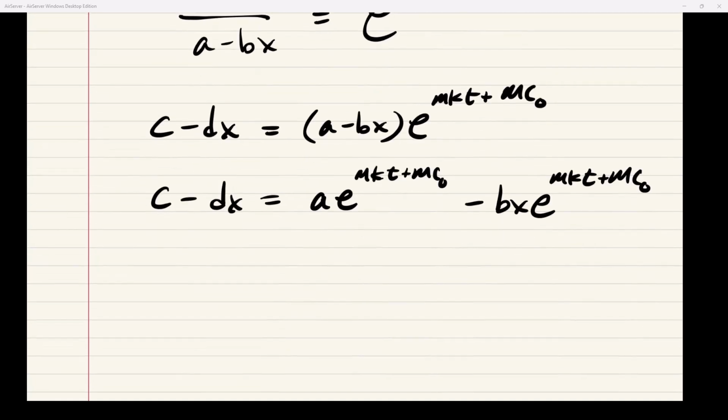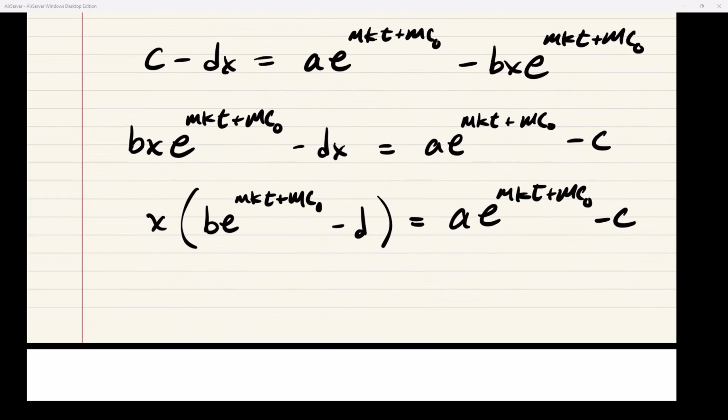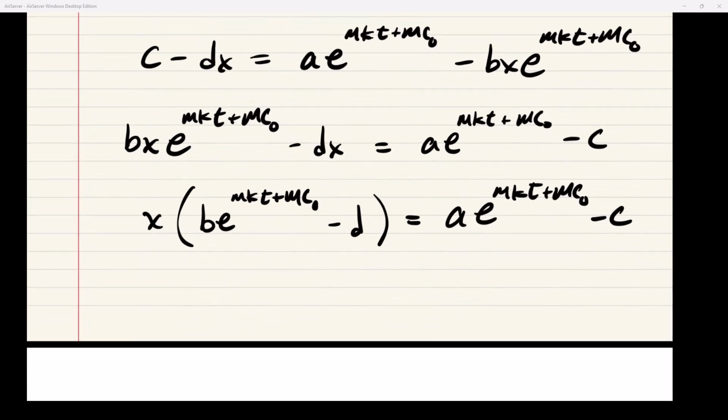And I want to bring all the terms that have x to one side, so I could write bx e^(mkt) plus mc naught minus d times x is, let's say, a e^(mkt) plus mc naught minus c. So I just brought this term to the left-hand side, and I'll bring that term over onto the right-hand side. And then I can factor out the x. And then once I've factored out x, I can divide by that expression there to isolate the x.